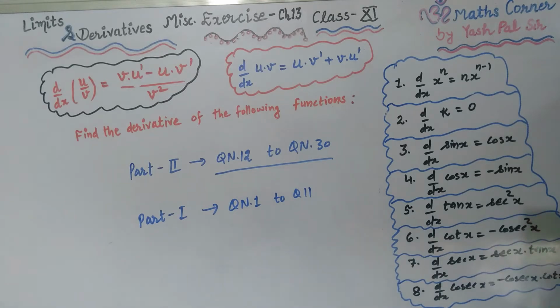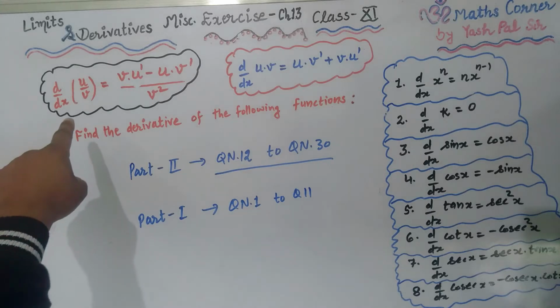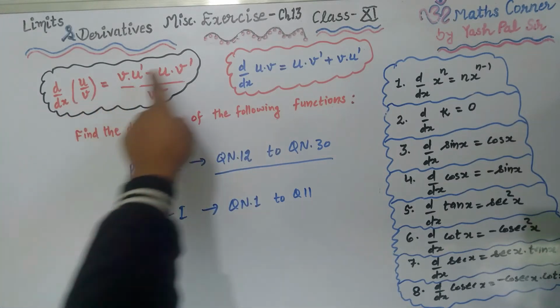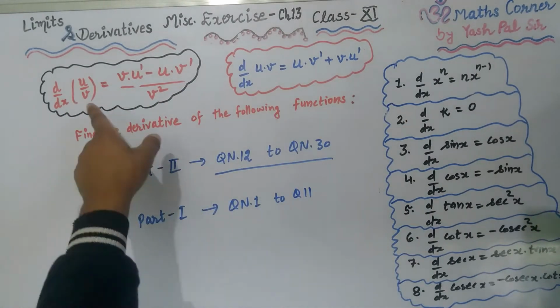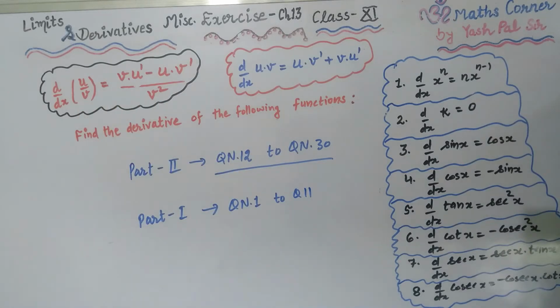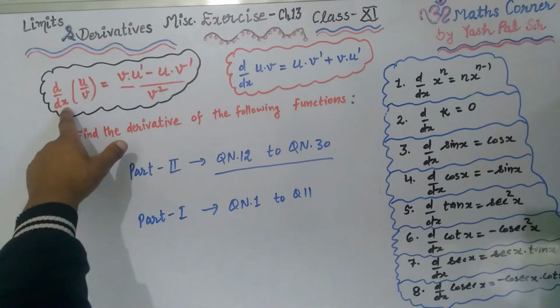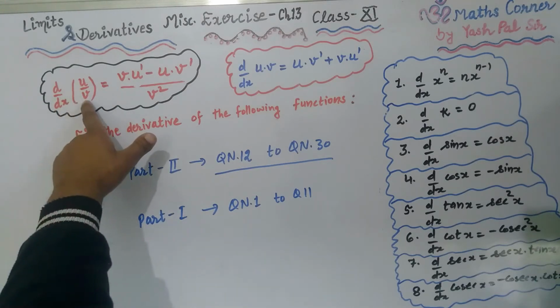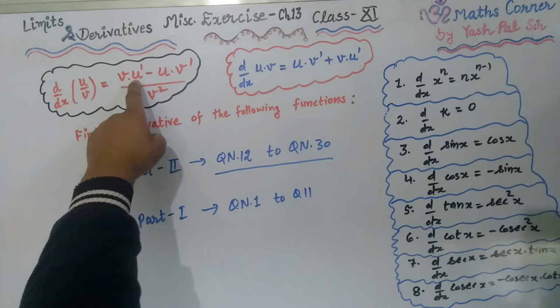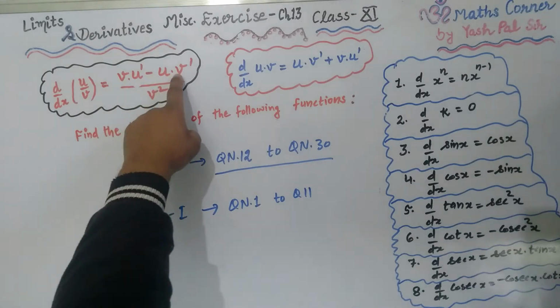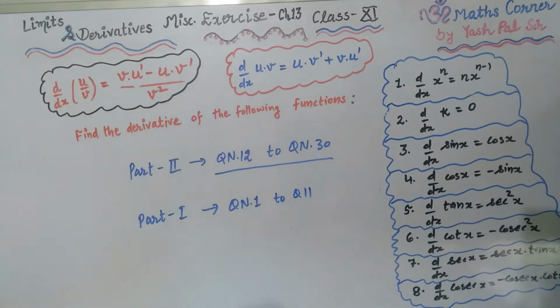Before that, I want to explain the algebraic rules and standard results we are going to use in this exercise. First of all, we have the quotient rule. Derivative of u upon v is equal to v into u dash minus u into v dash, whole divided by v square.